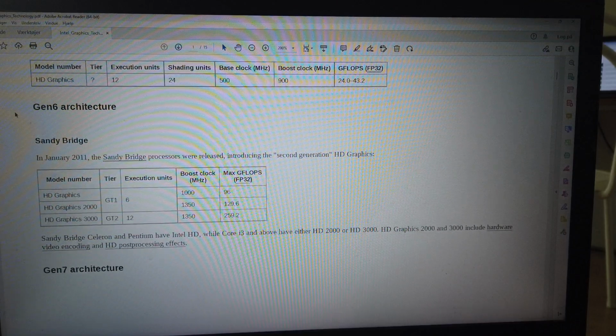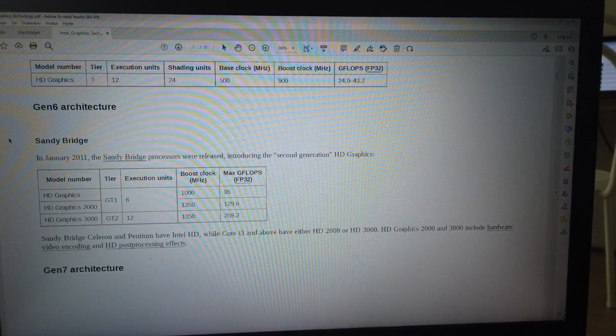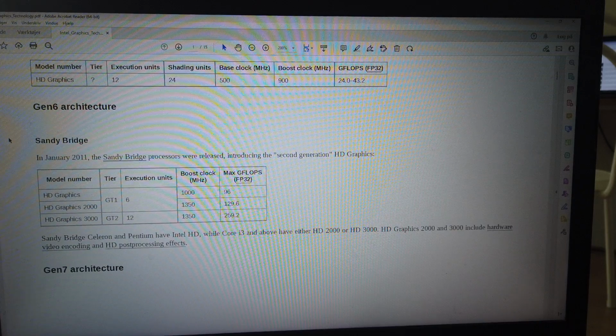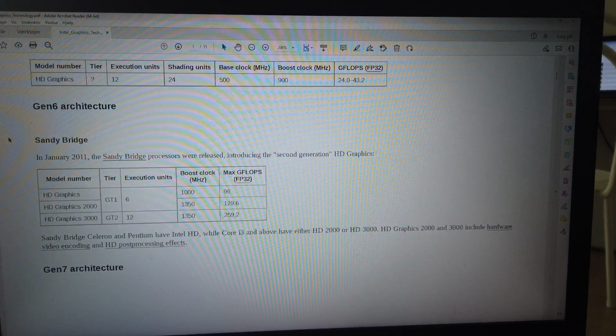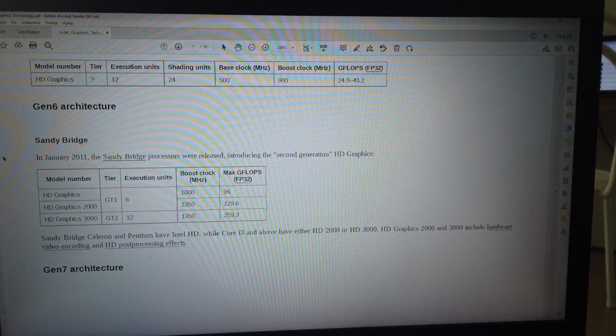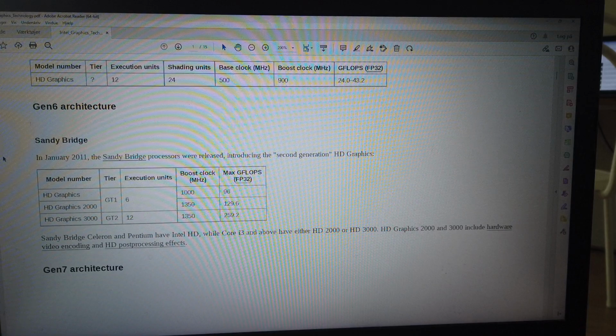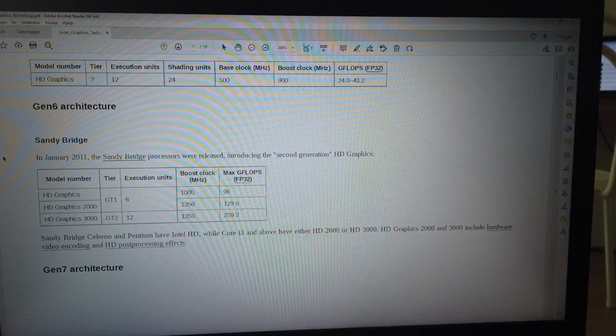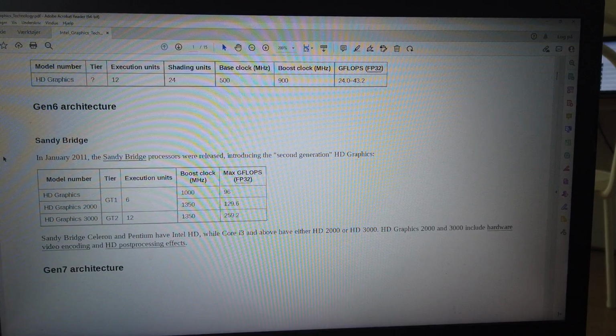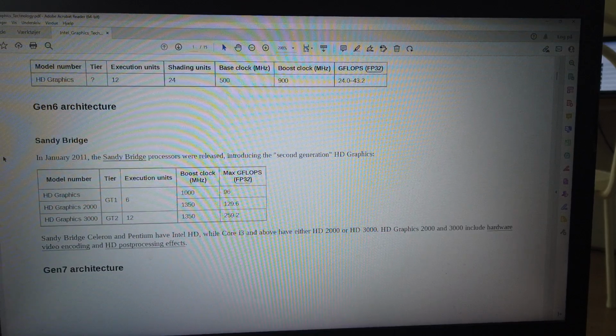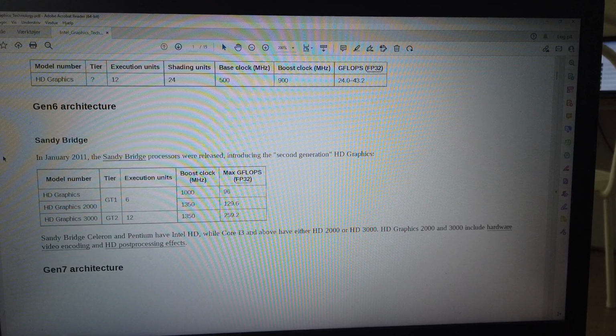In January 2011, the Sandy Bridge processors were released, introducing the second generation HD graphics. Model number, execution units, shading units, boost clock MHz, max FLOPS FP32. HD Graphics GT1, 6 EUs, 100 GFLOPS. HD Graphics 2000, 1350 MHz, 12.6.